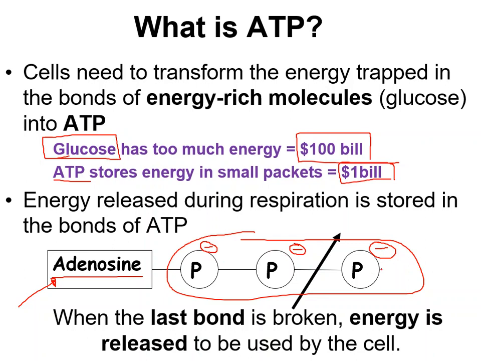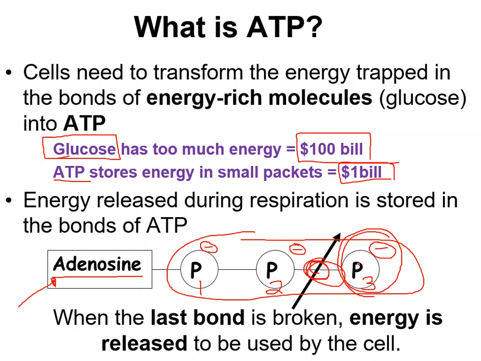And as a result, you're storing a lot of energy, right? Especially by the time you load this third phosphate into this molecule, there's quite a lot of energy in this bond, right? So here's the first phosphate, the second phosphate, the third phosphate.